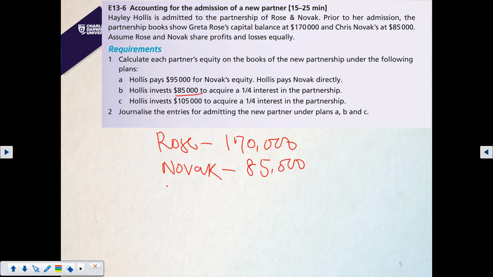And Holly is investing now $85,000. Can you add all together? How much? $340,000. Okay.